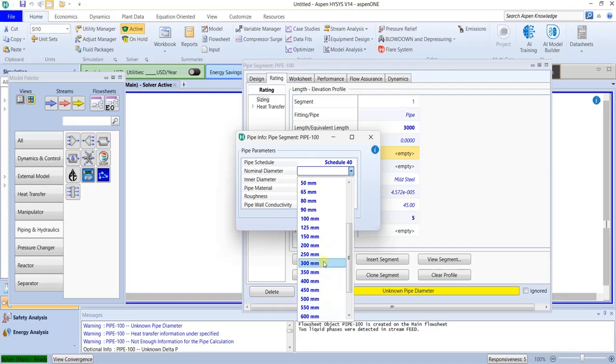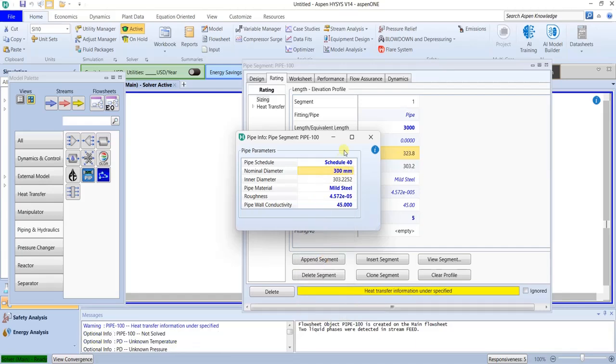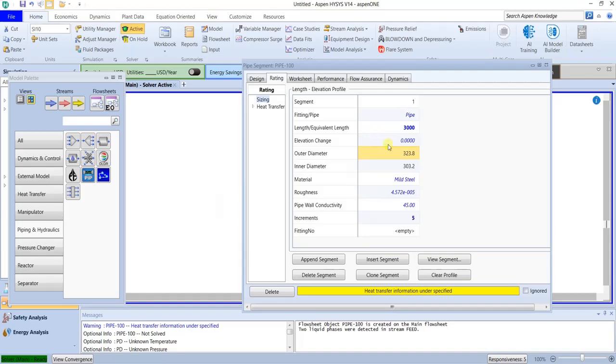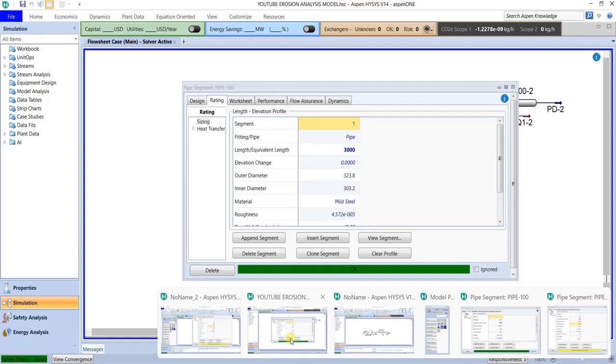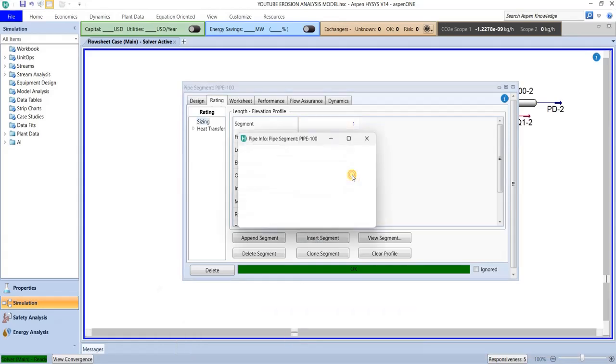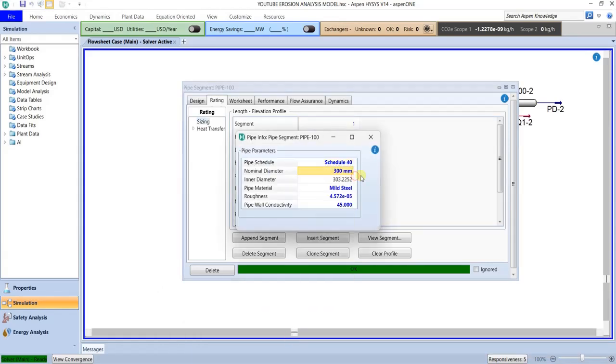Let's see, 300. 323, yes. Outer diameter is 323. But let's confirm the schedule. Let's see the schedule. Okay, yes, so it's correct. It's schedule 40 and nominal diameter is 300.